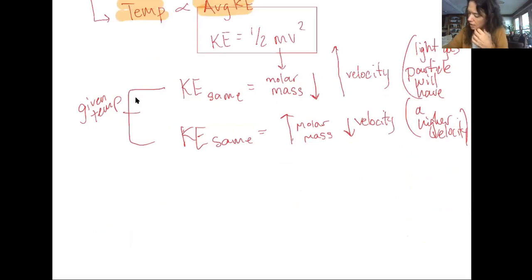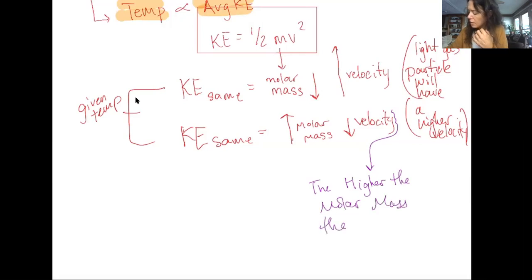So what I'm saying in the second part here is the higher the molar mass, the lower the velocity.